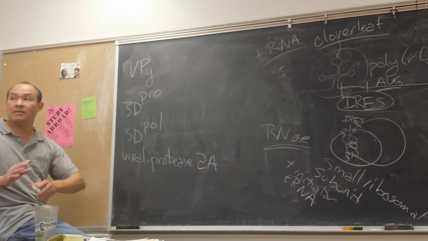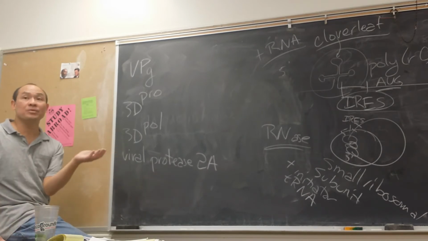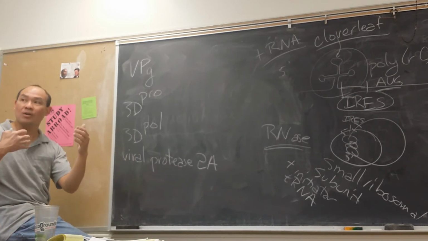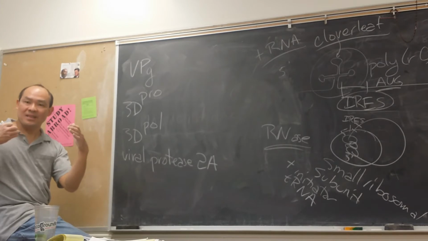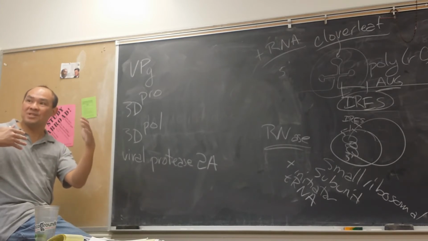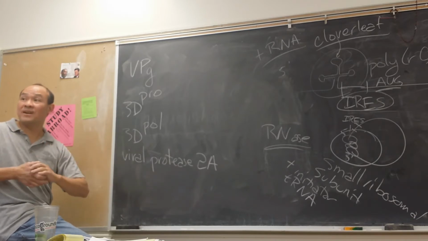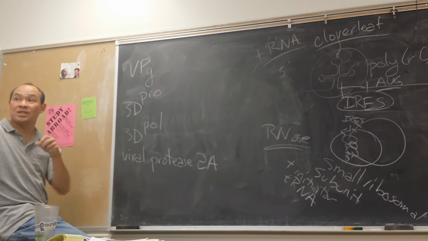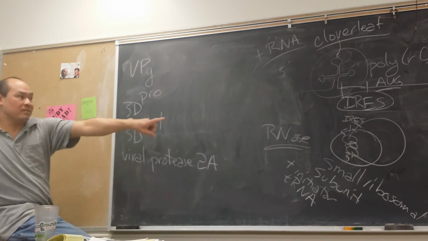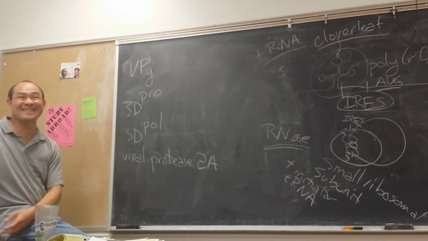And again, the mechanism is a little funky, but what happens with the polyprotein is that as it gets smaller, each fragment has a function, which is different from the end result. So again, it's a little funky. We won't go through all of that. Just basically go from polyprotein to these.